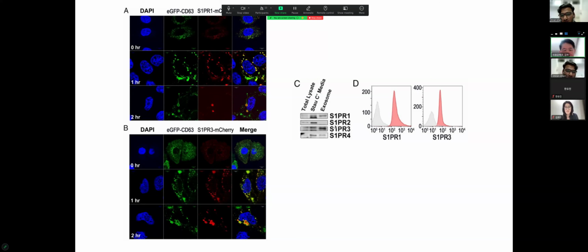It was also confirmed by Western blot that the expression of S1PR3 and 1 was increased in the exosomes, while S1PR2 and S1PR4 were not significantly expressed on the exosomes. And the same was confirmed by flow cytometry.